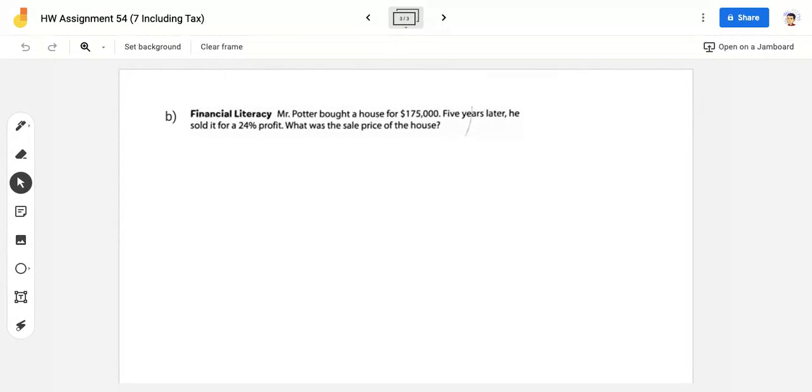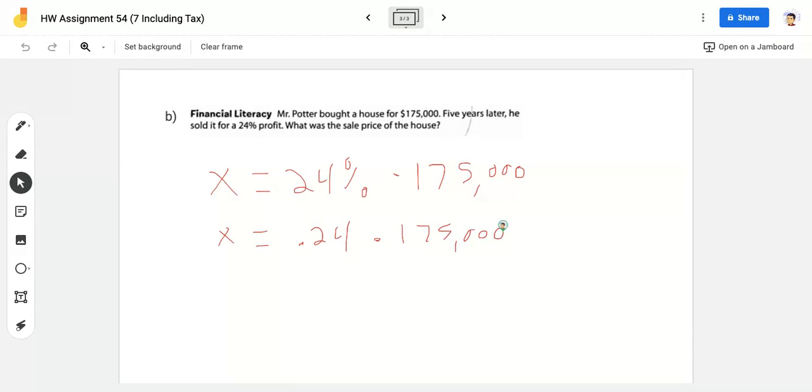I don't know it yet, so I'm going to figure out that part by multiplying my percent times that whole, 175,000. So x is going to be equal to 0.24 times 175,000.